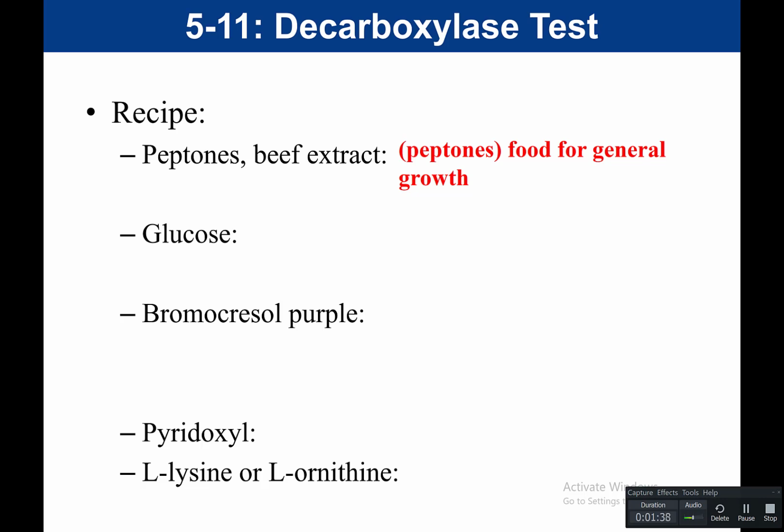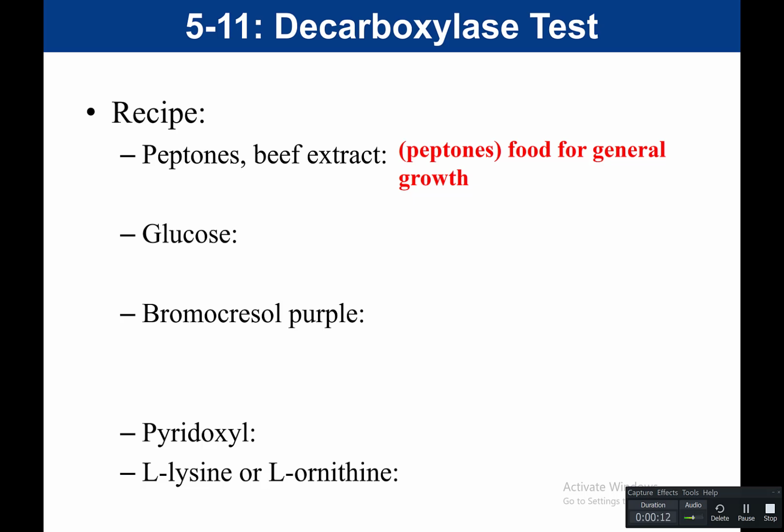So what that tells you is that this media is complex or undefined media. It has ingredients that can vary from batch to batch. Both the peptones and the beef extract will make this media undefined or complex media. And so that's the first ingredient. The next ingredient in the media is going to be the glucose.